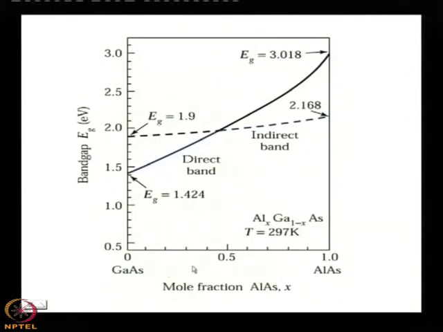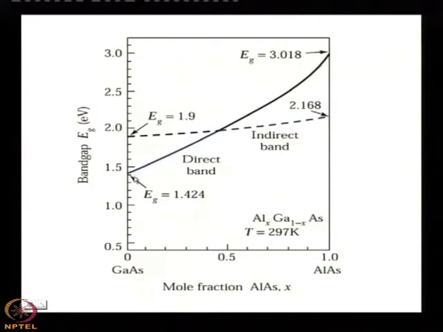plotted. In this curve we have plotted the band gap against the mole fraction of aluminum arsenide X. That means, this is gallium arsenide, this is aluminum arsenide. So, you see that at 0.45 it becomes an indirect band gap semiconductor.